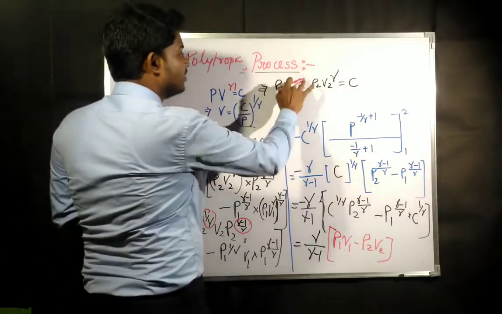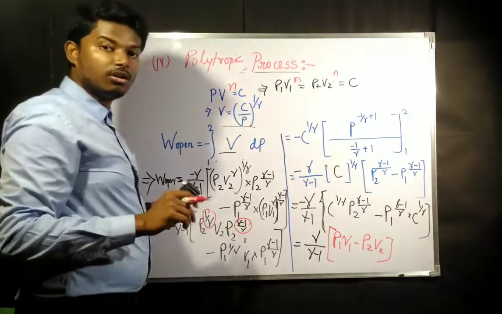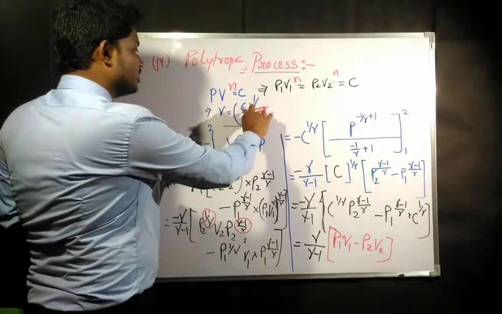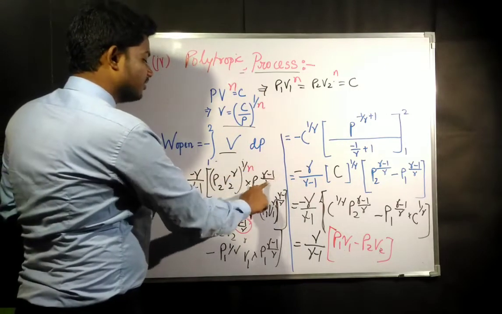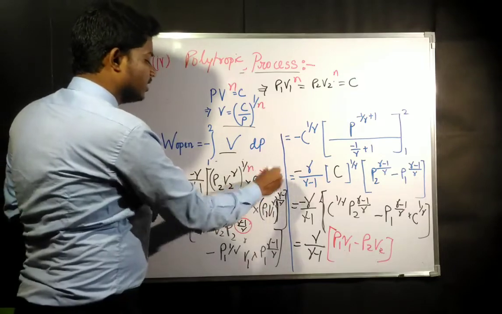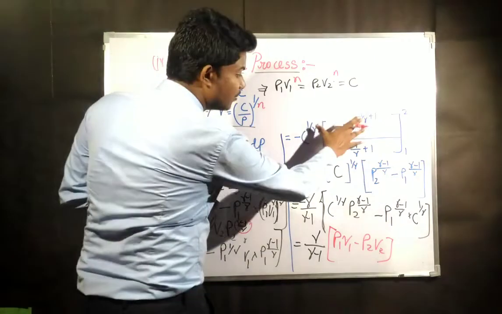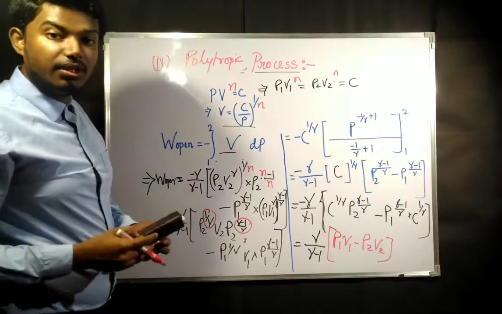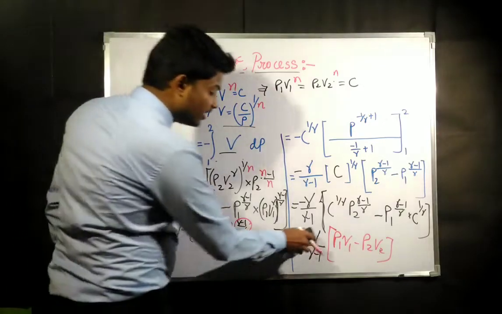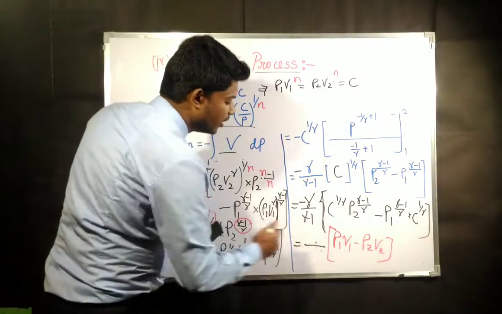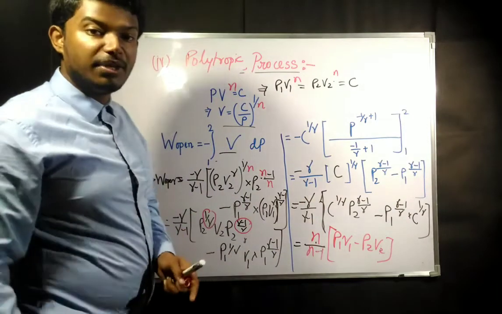Okay, in every place if we replace gamma by n, we will get the expression for polytropic process. Similarly, if you remove all these gamma and replace it with n, the final expression for work done in polytropic process is going to be n by n minus 1 into P1 V1 minus P2 V2.